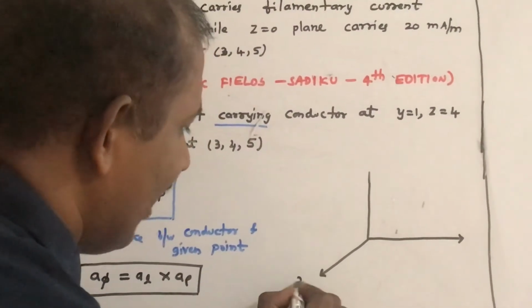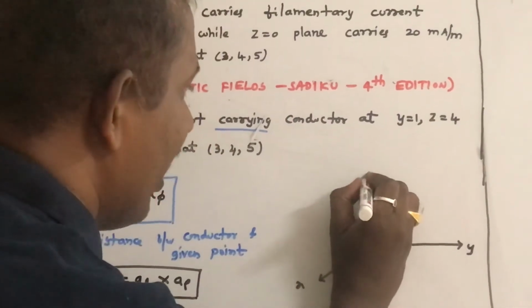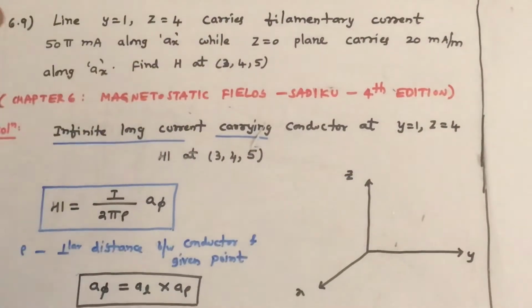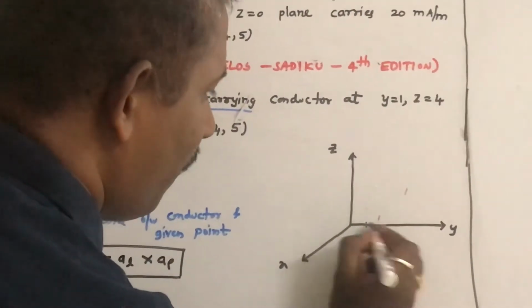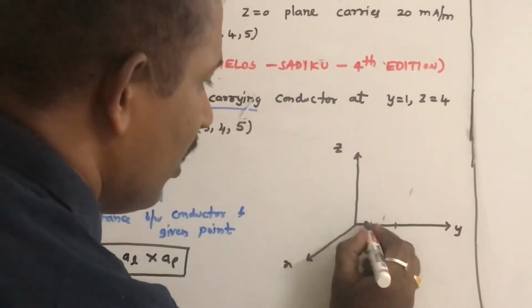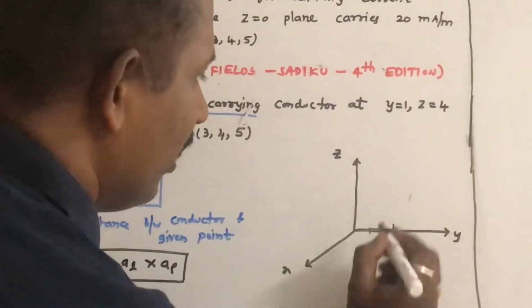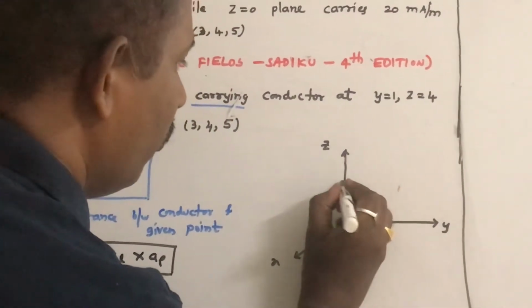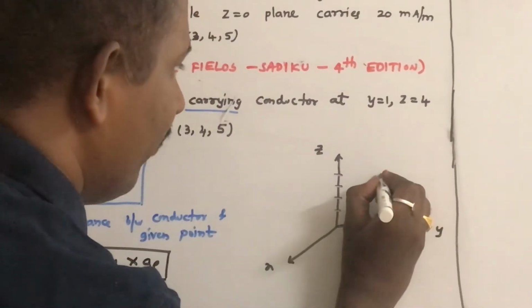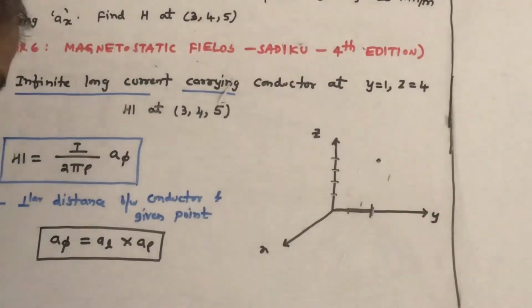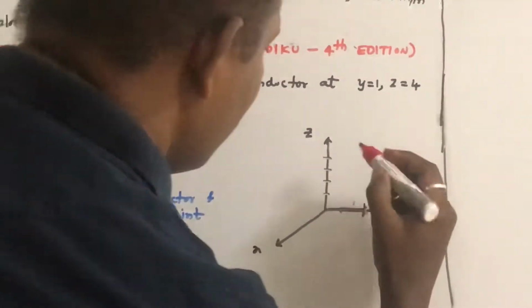See, this is x, y, z. Where it is given, y is equal to 1, so this is y is equal to 1 and z is equal to 4, 1, 2, 3, 4. Somewhere the point will come at this location. So y is equal to 1, z is equal to 4.